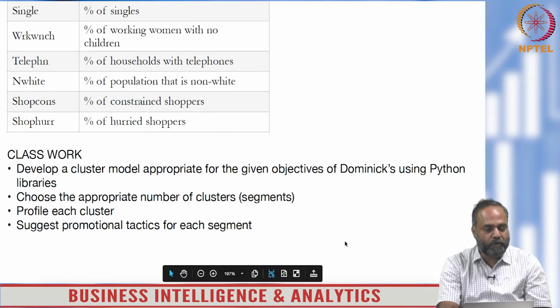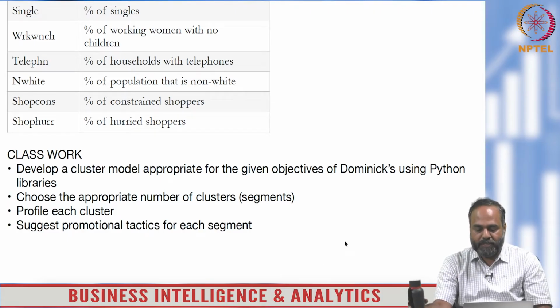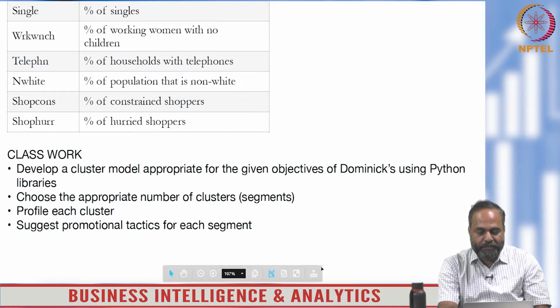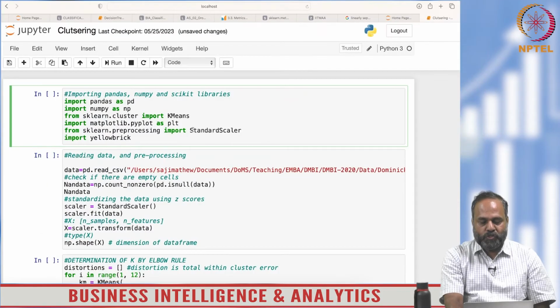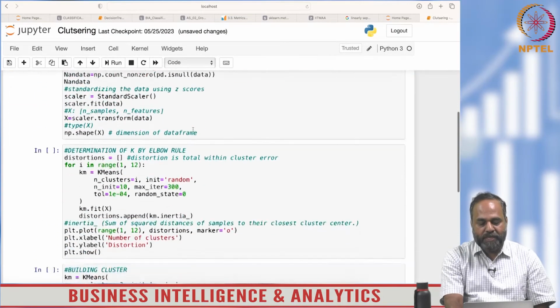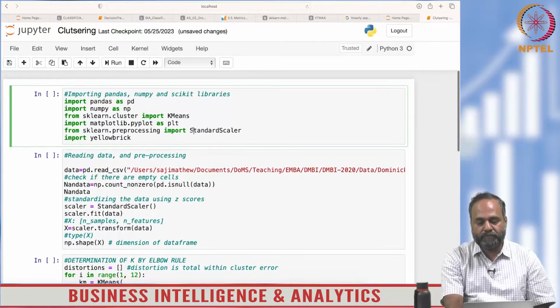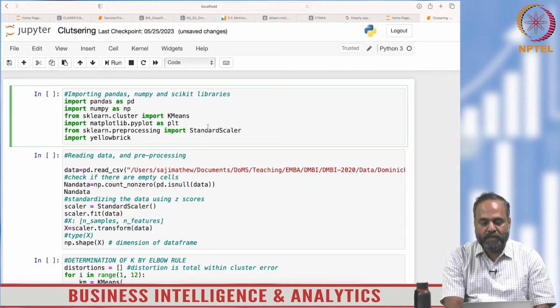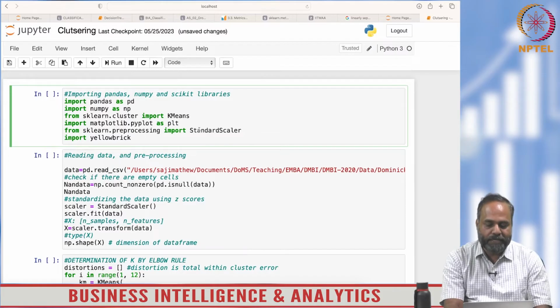So, we have looked at the problem, we have looked at the data. Now we can open the Python interface. I am going to use Jupyter notebook. Here are a few cells wherein I have put together related code. The first part of the script is to import the relevant libraries, both Python libraries and scikit-learn libraries.